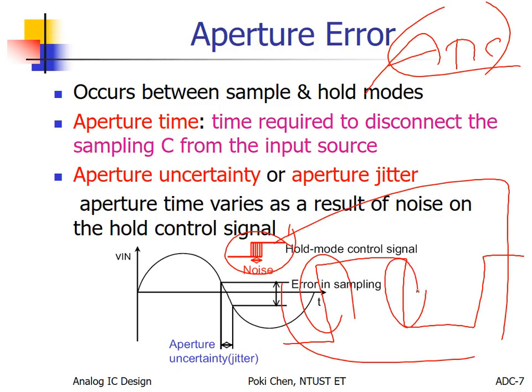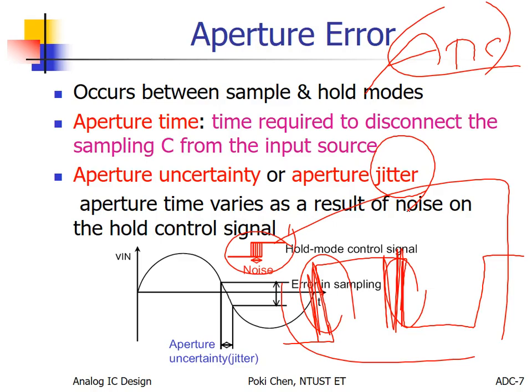It is not a single line. You will see a lot of what we call jitter. Jitter means nothing is perfect. Even the clock signal gets some kind of interference, noise, right?